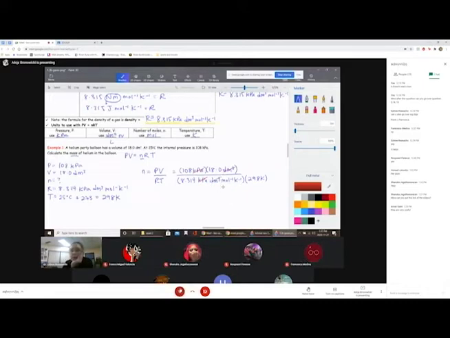Another way that you can cancel is if you have something times per something. So I have Kelvin times per Kelvin, so I can cancel those two. And I don't see the word mole anywhere, so I'm going to be left with mole^-1. But I want to be left with moles, right? I'm looking for n.